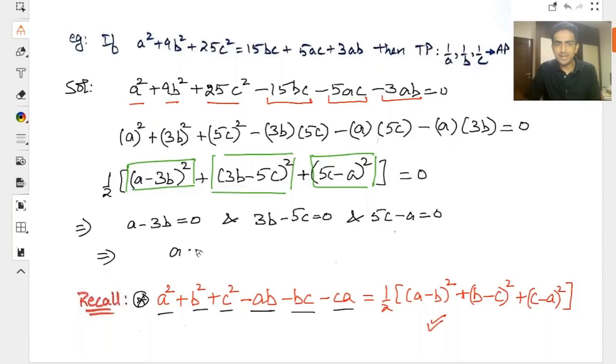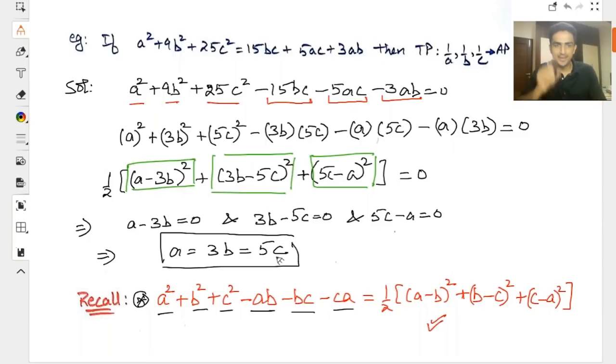So from here we get a equal to 3b equal to 5c. That is, a equal to 3b, 3b equal to 5c, 5c equal to a. All of these three terms are equal. Now after that nothing is left.